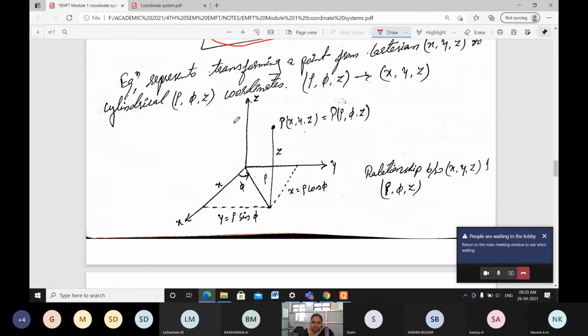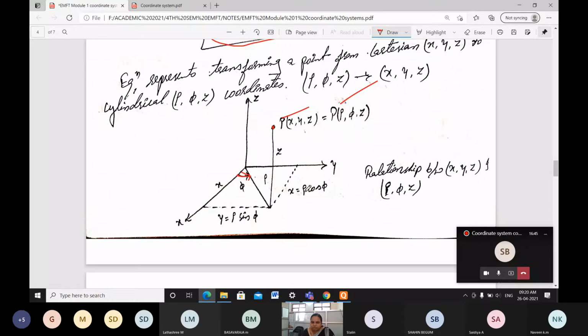Observe here. This is our x, y, z coordinate system, our Cartesian coordinate system. A point vector here is taken as P(x, y, z), or else in terms of a cylindrical coordinate system, this is going to be phi. For this, y is equal to rho, the radius, into sin phi.